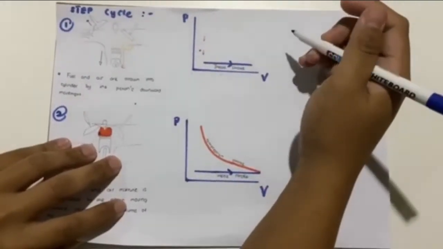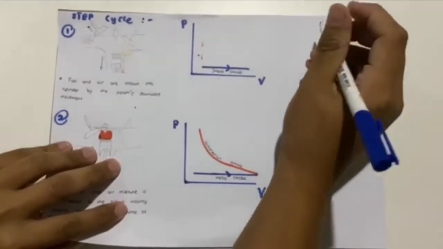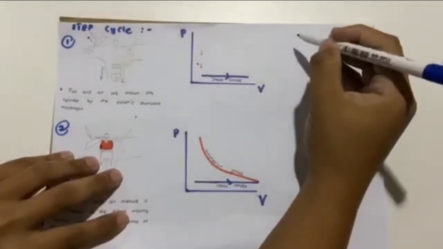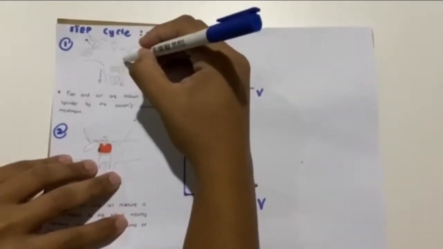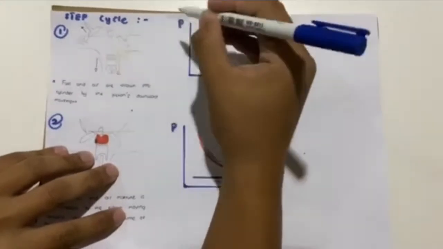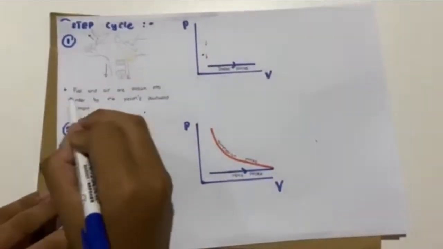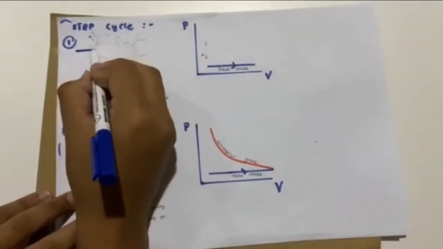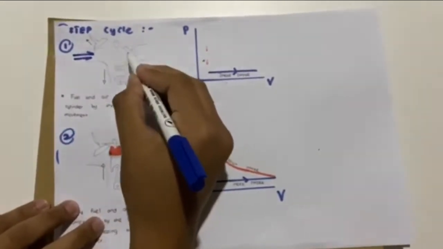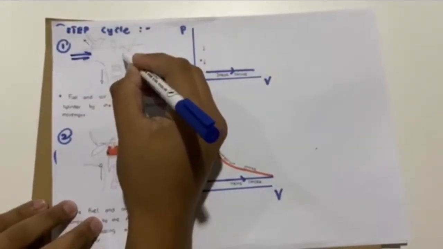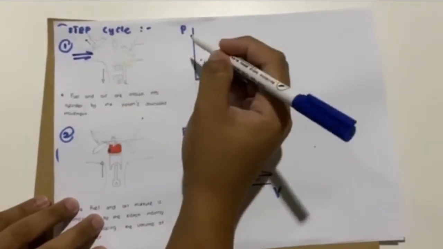Today I would like to explain the Otto cycle. The Otto cycle is a 4-step cycle where the internal combustion engine converts the chemical energy of a fuel into mechanical work. The cycle is as follows. First, the fuel and the air are drawn into a cylinder by the piston's downward movement.